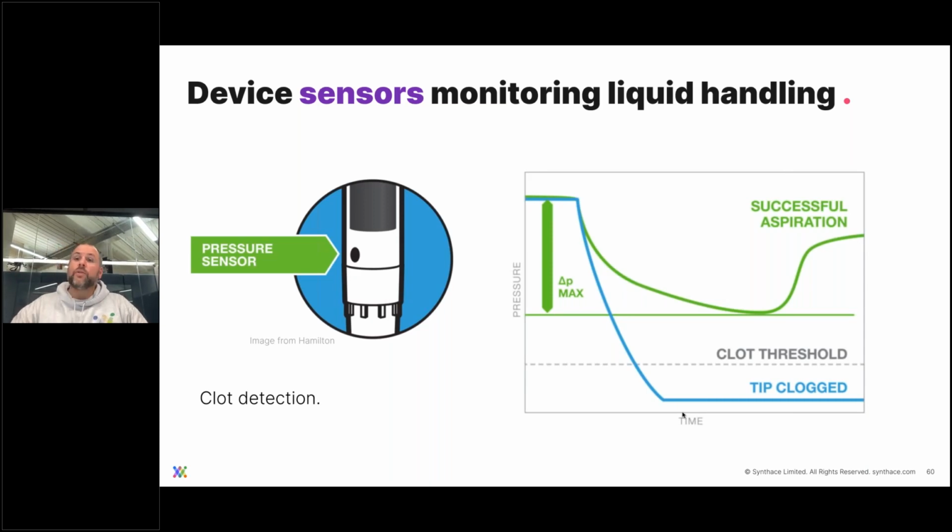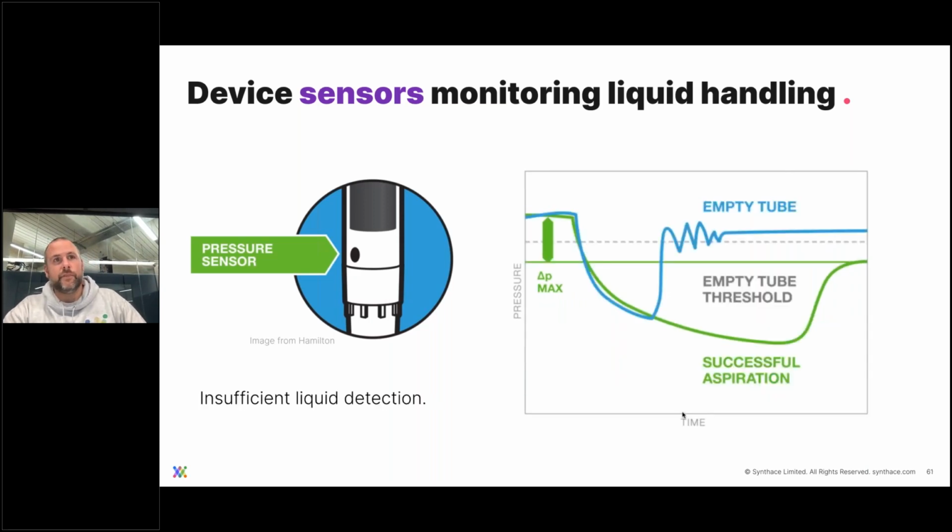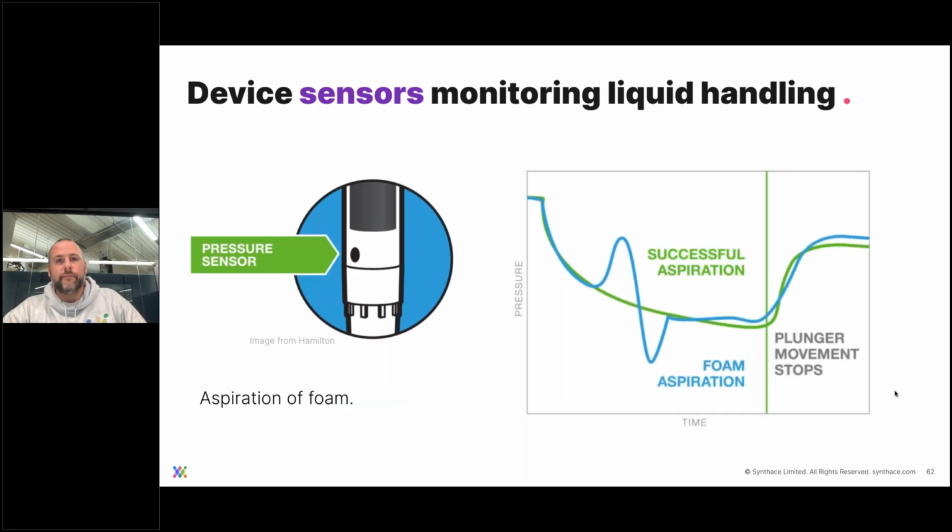And this will then automatically mark that pipetting step as failed and alert you to this. This is pretty cool. You can also use it for detecting insufficient liquids from the source, so you get a different profile, as well as you can see if foam has been aspirated, just based on the profiles that you get. So it's liquid agnostic.